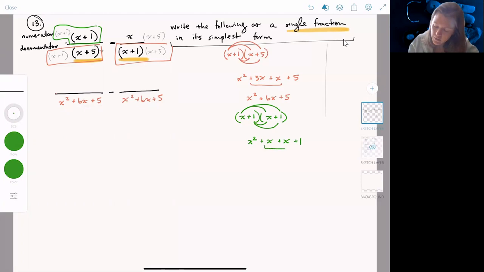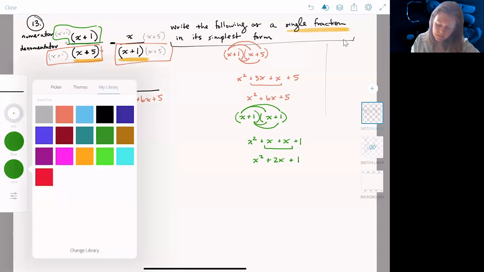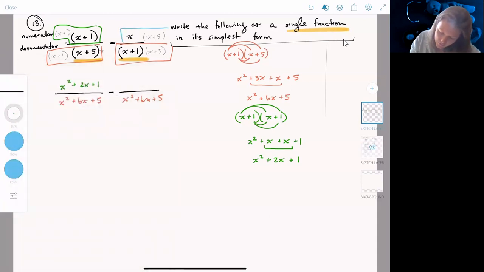Now I combine my like terms: x squared plus 2x plus 1. So I'm going to put that here. And lastly, I'm going to multiply these together over here. So x times x plus 5, a little simpler. X times x equals x squared. X times 5 equals 5x.